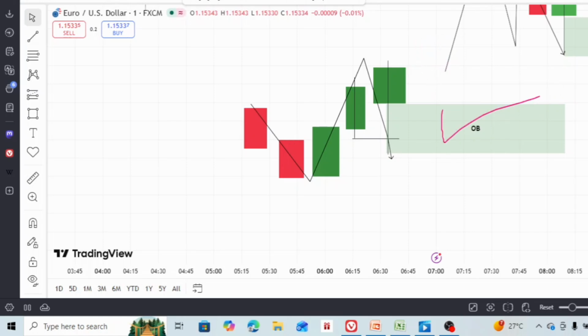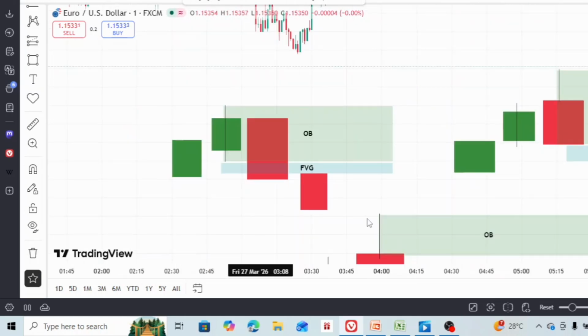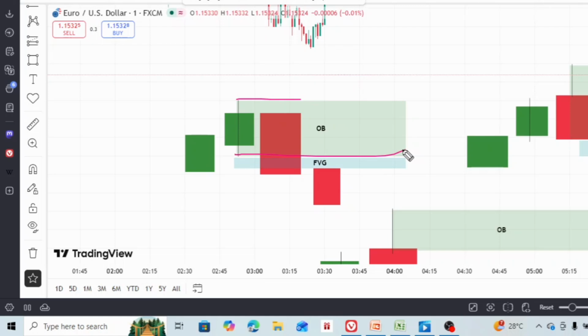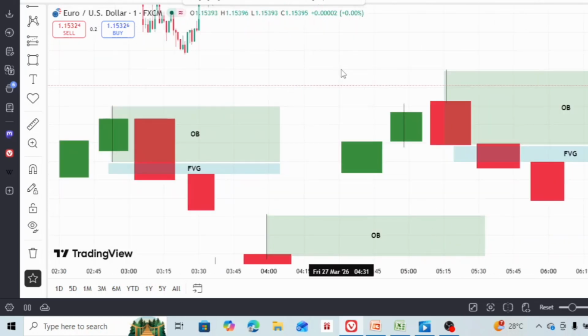Let me also explain the bearish order block. Here, if we look at the candle, this is the last buying candle before this big selling move. So we can also consider taking the order block from this bullish candle, and we also have the gap over here. It's just the opposite of the bullish order block.